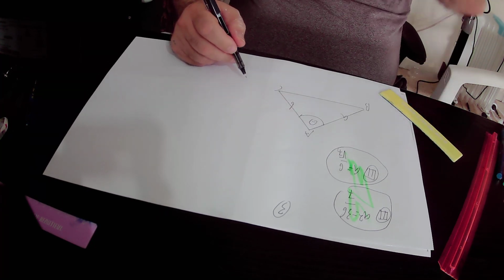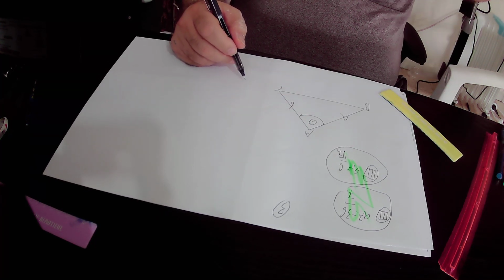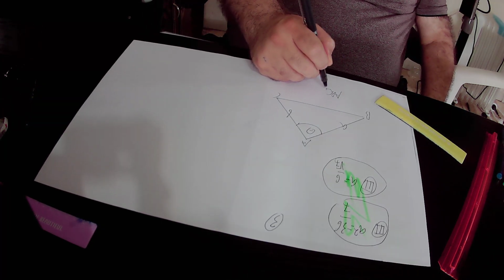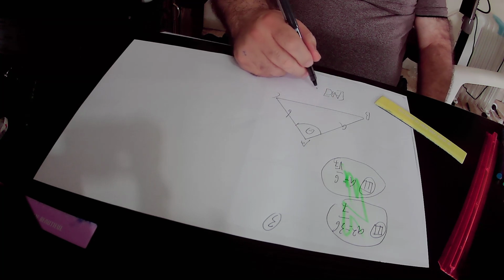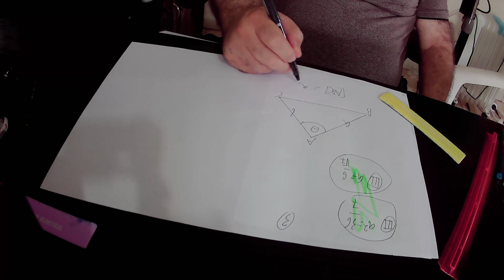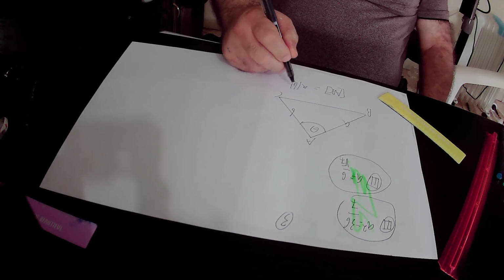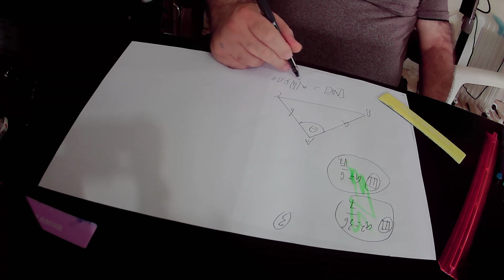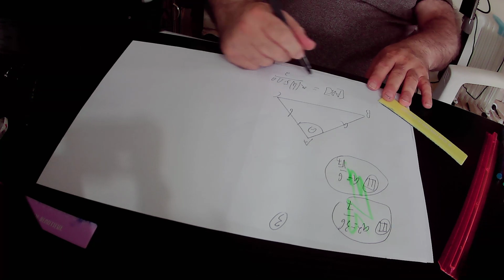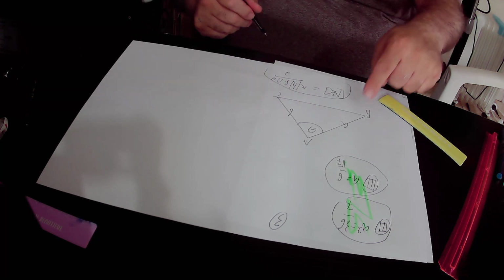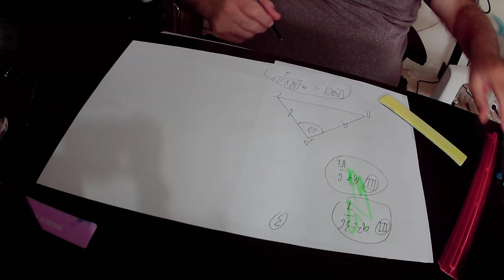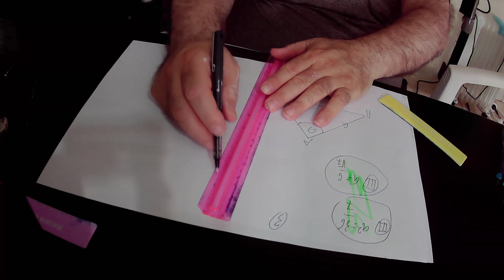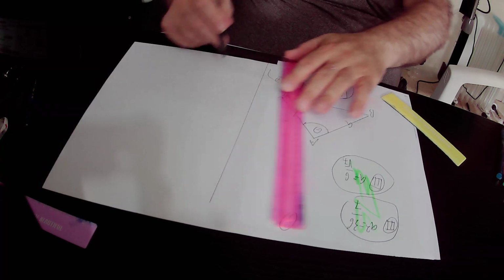Then according to the new formula, the area of this triangle ABC will be equal to A times B times sine theta over 2. Again, the area of this triangle ABC will be equal to A times B times sine theta over 2. We will implement this new formula in our drawing.